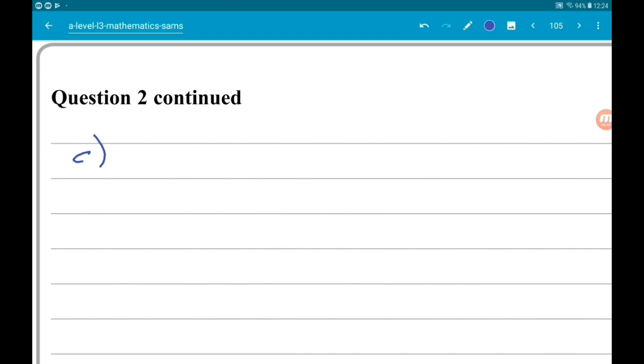So here for us, H0 is that rho is equal to 0. Now H1, well, we want to test whether it's greater than 0. So H1 is that rho is greater than 0.